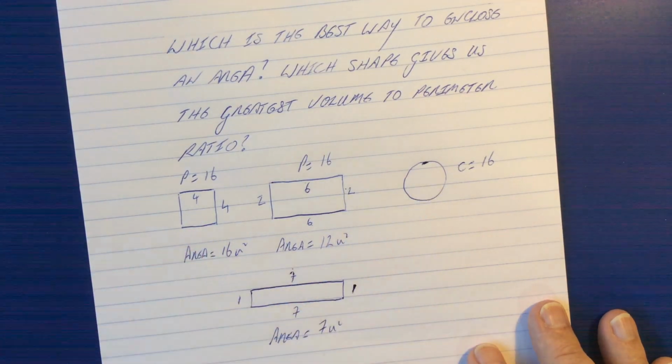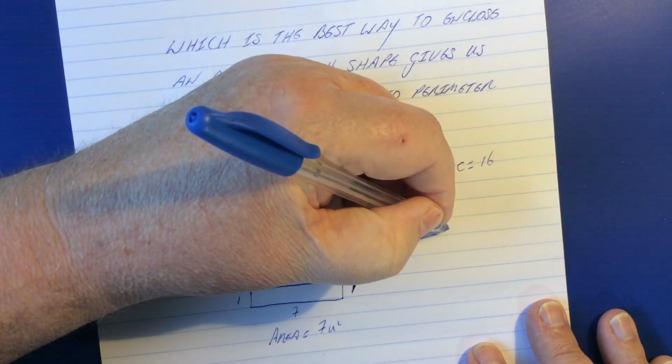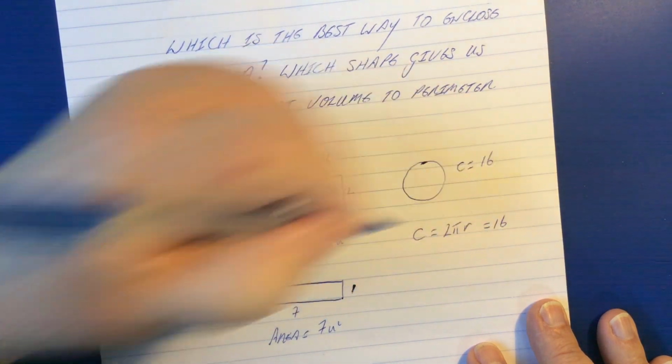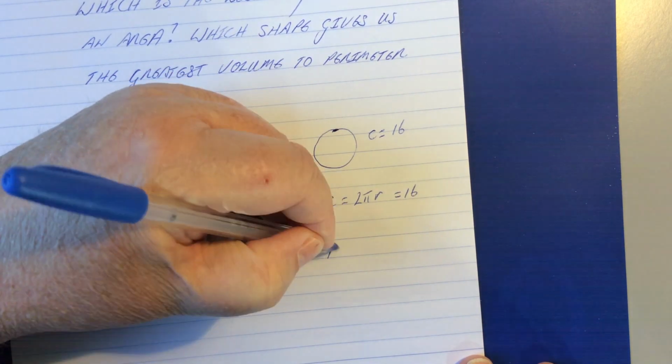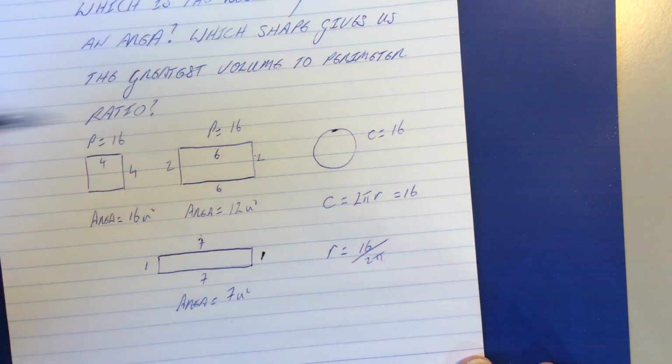What of this, though? Well, what we know is that the circumference is 2 pi r, and that is equal to 16. So we're going to have to find out what r is equal to in order to work out the area of this circle. And there may or may not be a surprise here. Let's see. So the radius is going to equal 16 over 2 pi.